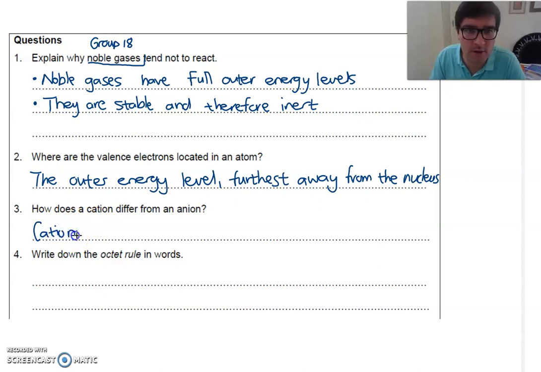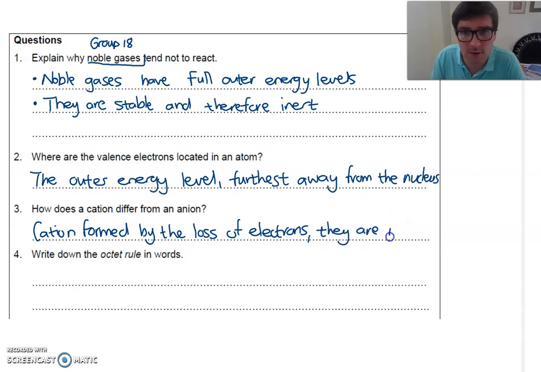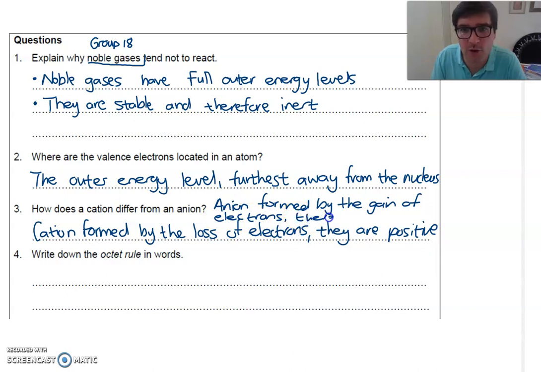A cation is formed by the loss of electrons, they are positive, whilst an anion, I don't have enough space, is formed by the gain of electrons and therefore negative.